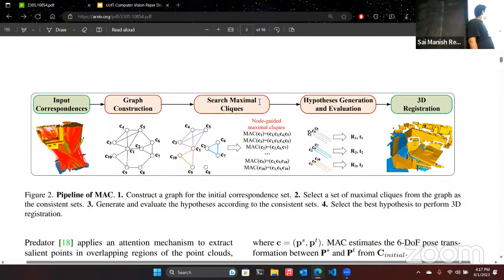What is meant by a maximal clique is, let's say you consider this clique right here. If you consider any other adjacent point and try to add it to that set, it does not form a clique. So in this area, this is the largest clique possible. Therefore, it is a maximal clique. In this context, all these four are maximal cliques. But what they mean by a maximum clique is the maximal clique which has the most number of points.